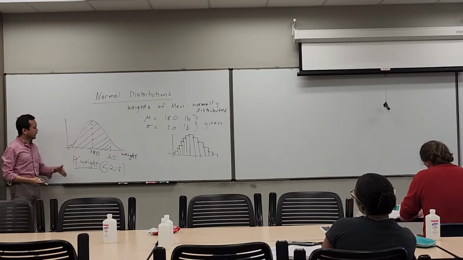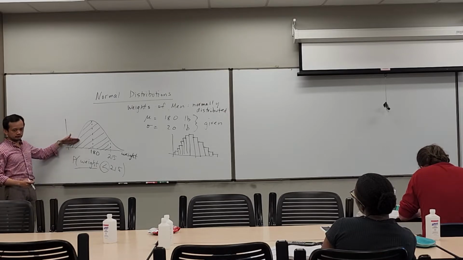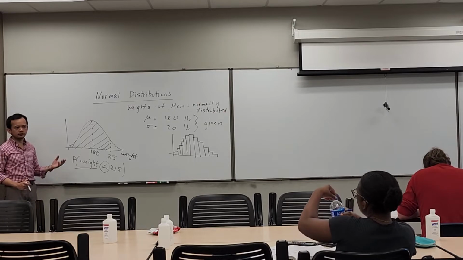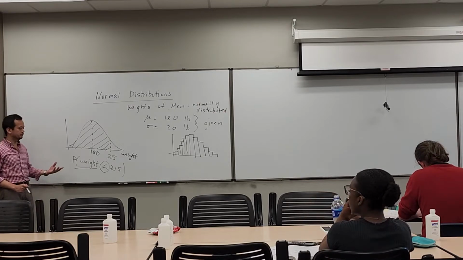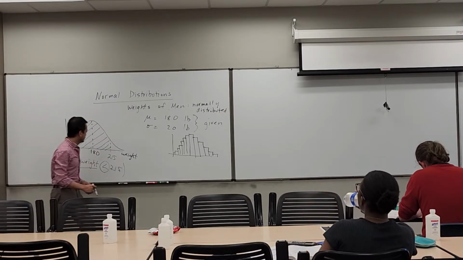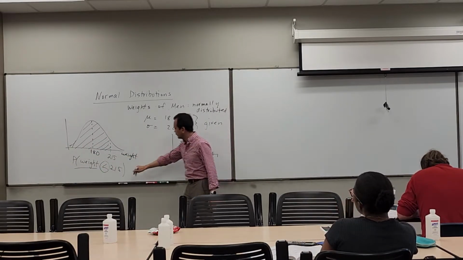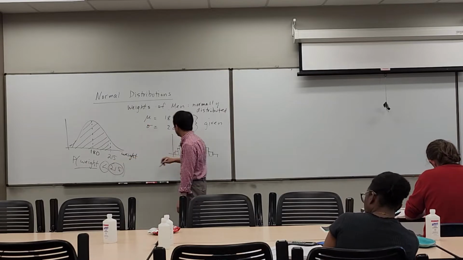So once we realize that probability can be equivalent to area, now there's a way for us to find that area using the z-score chart, the z-score chart in the book. So we said that to find this answer, we first have to convert this number to a z-score.